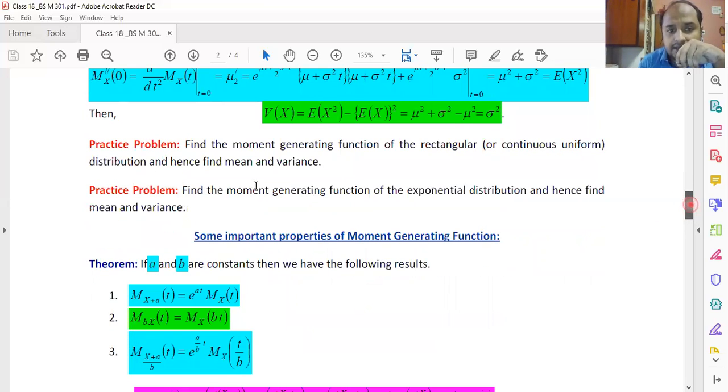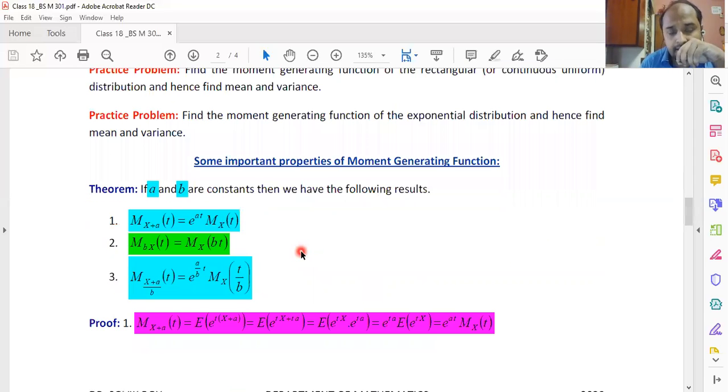Now we are going to discuss some of the properties of the moment generating function. These properties are very important for solving problems. First of all, I will try to explain to you the meaning of these properties. The property is expressed in terms of a theorem. The theorem says, if small a and small b are constants, then we have the following results. What are the results?